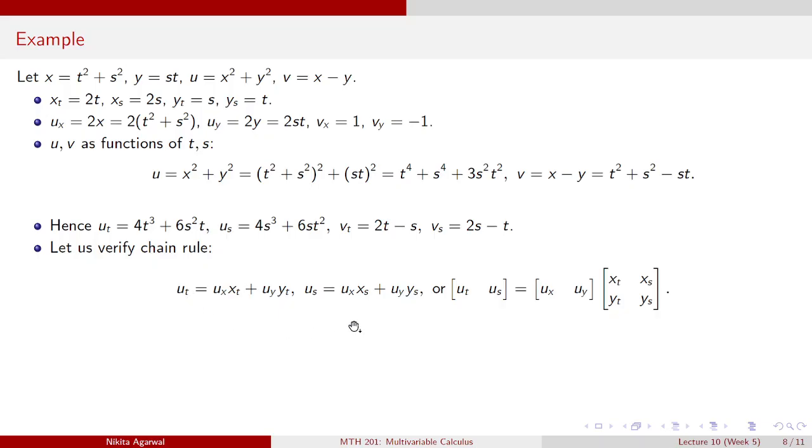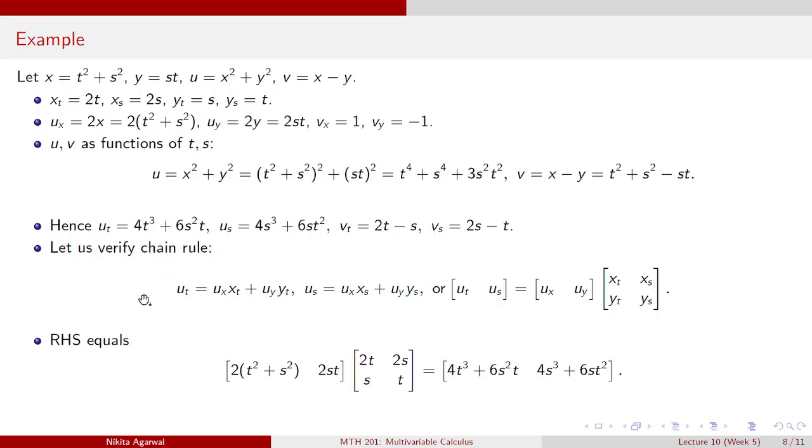This can also be seen like this, as we have seen earlier. If you substitute everything in this matrix form, u_x and u_y are evaluated at x and y as functions of t and s.